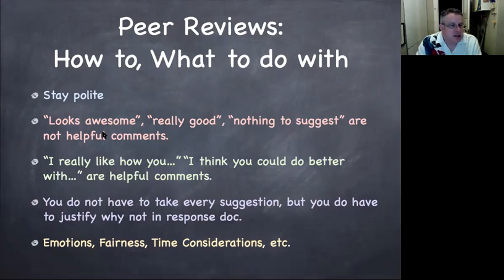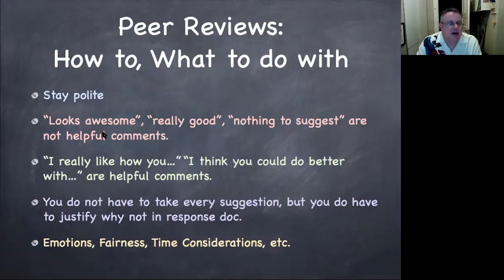In response to the peer review, there's also the response primer document, which you can take a look at. You're not going to actually take every suggestion that the reviewers suggest, but you will have to justify why not. And so they may say, oh, put section 2 in place of section 1 and section 1 in place of section 2, and you could say that you don't think that that's going to improve the format and it would be a lot of work, therefore you choose not to do it. That's fine.